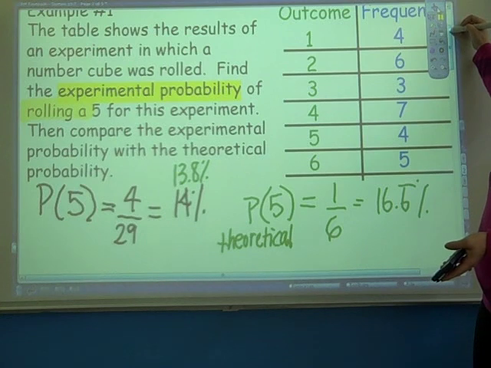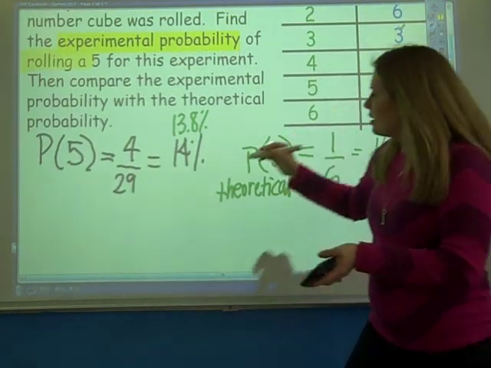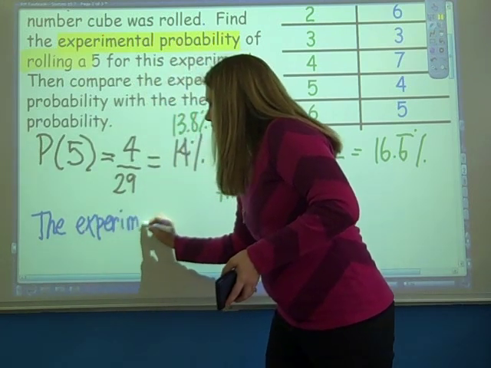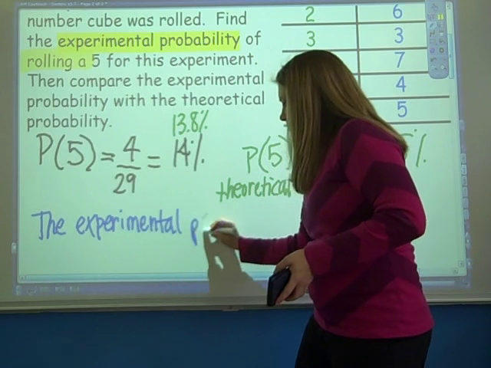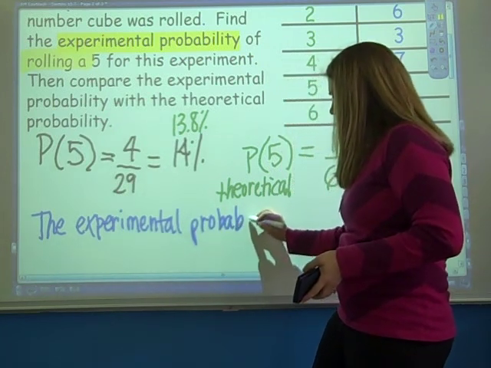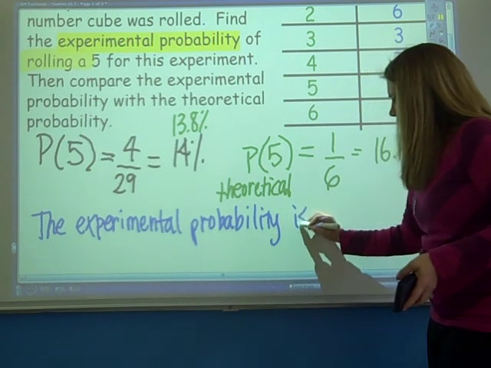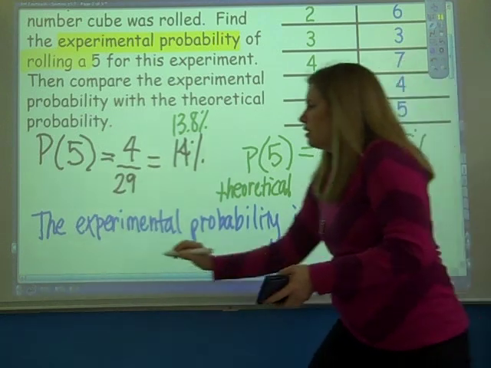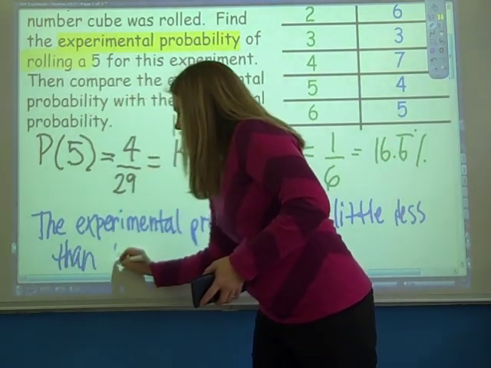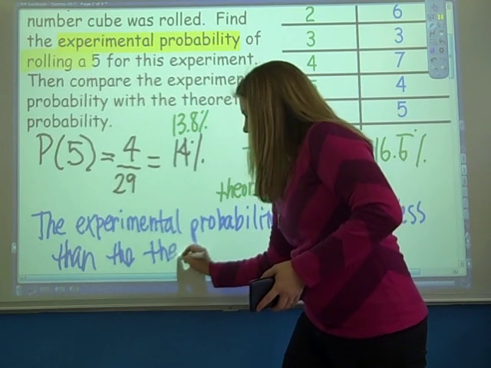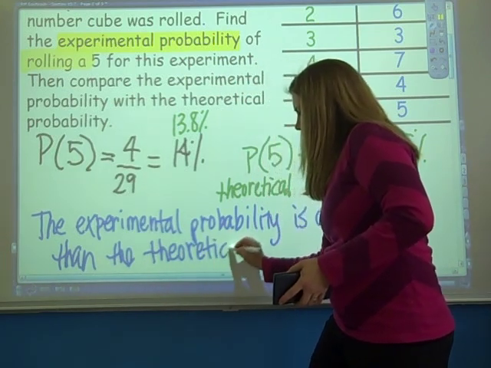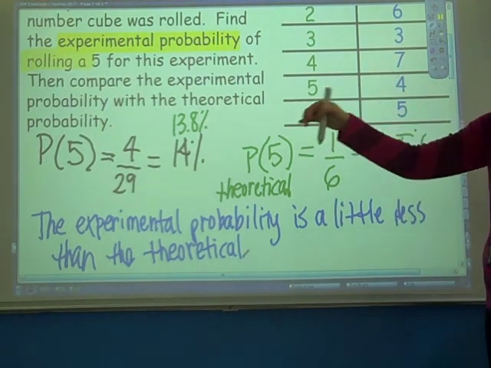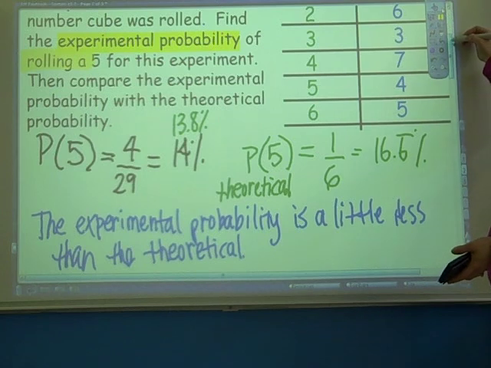So right now, if we compare them, the experimental probability is a little less than the theoretical. Okay, so we just wrote a sentence about what's going on. Experimental, theoretical, comparing.